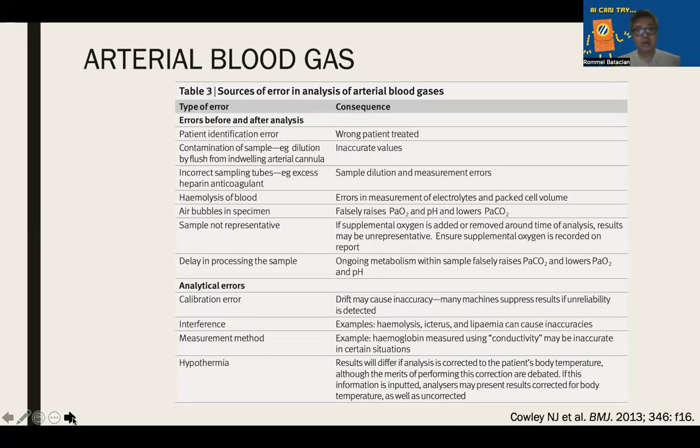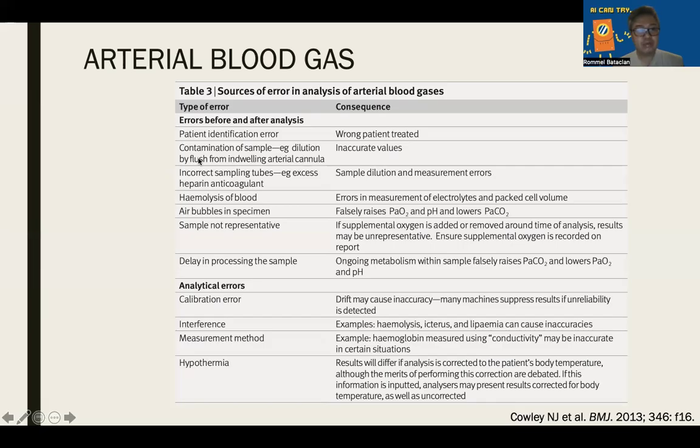So there could be errors definitely in reading or analyzing the arterial blood gas. Hopefully, patient identification errors are avoided because those are preventable types of errors.